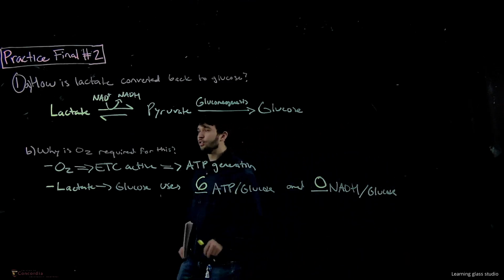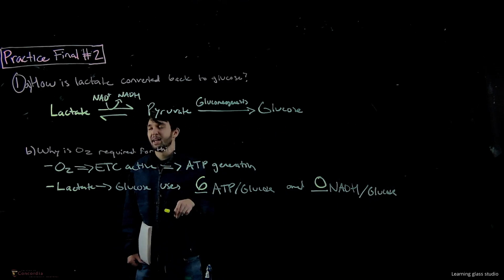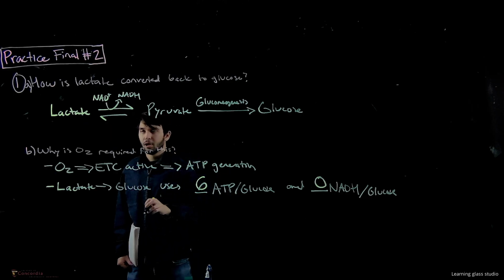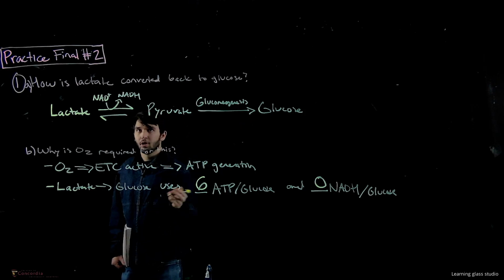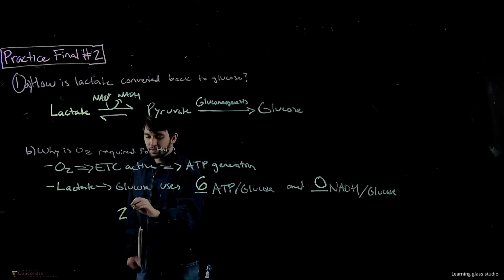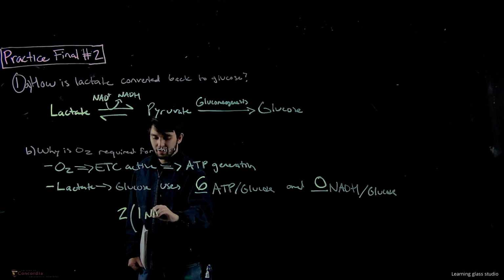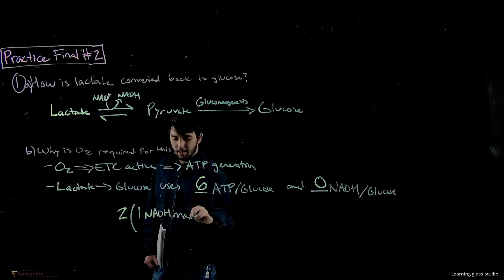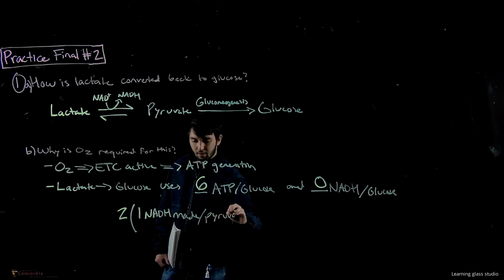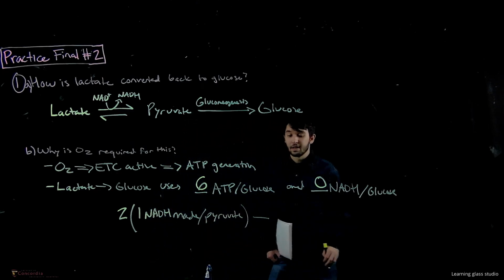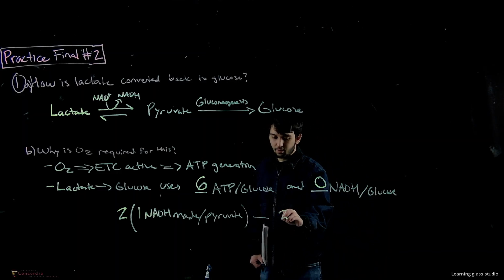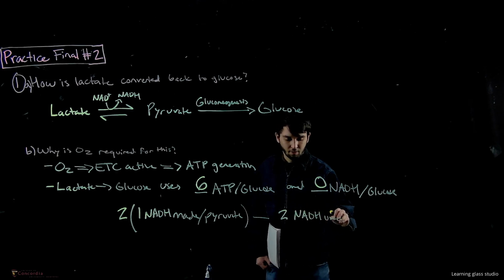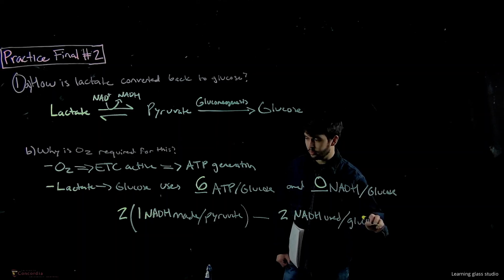So why? So we know that 1 NADH will be made from the conversion of lactate to pyruvate. And we know we need 2 pyruvate per 1 glucose, right? So we have 2 times 1 NADH made per pyruvate. And then how much NADH is used up in gluconeogenesis? So it is 2 NADH used per glucose.